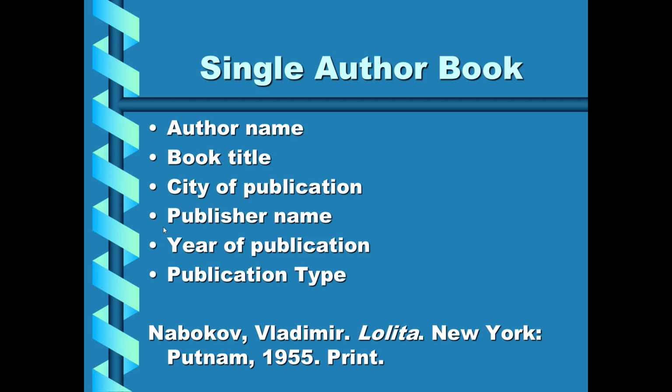In this case, because it's a title of a novel, the title is italicized. The city of publication, followed by a colon, the name of the publisher, followed by a comma, then the year, followed by a period, and then the word Print. Small detail, but notice the word Print is capitalized and also followed by a period.